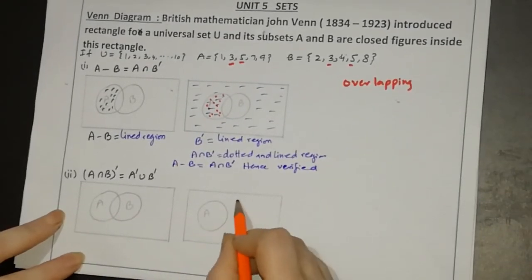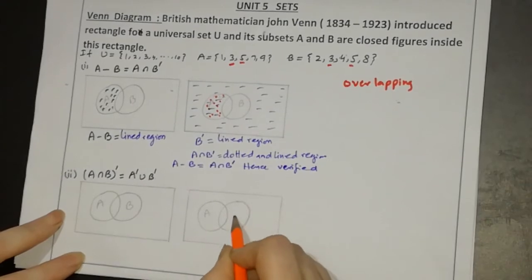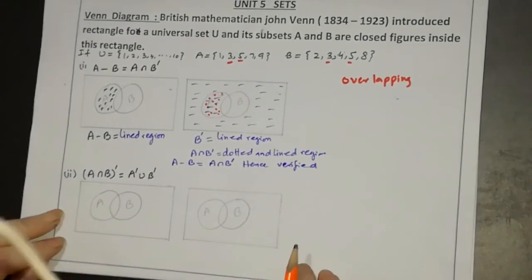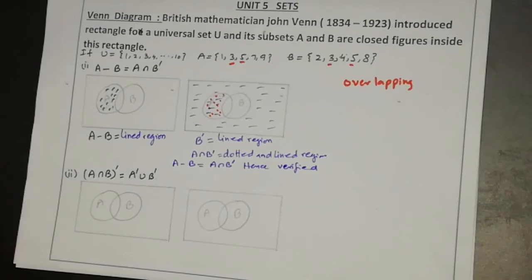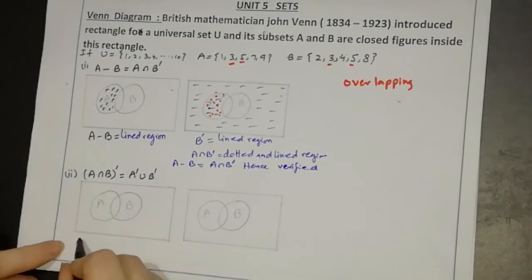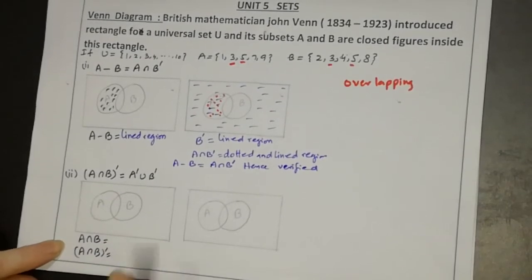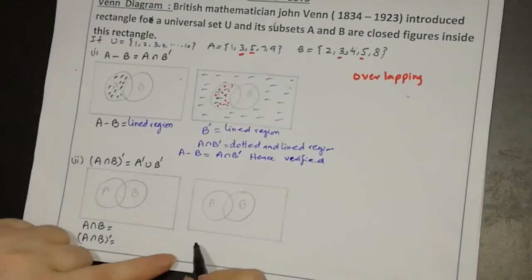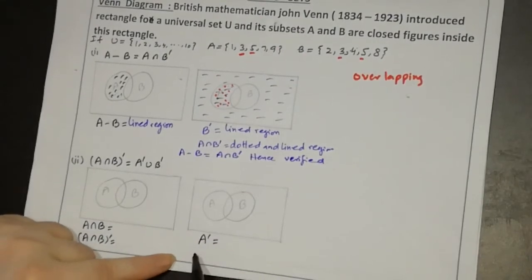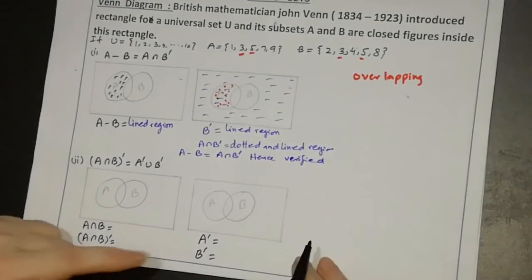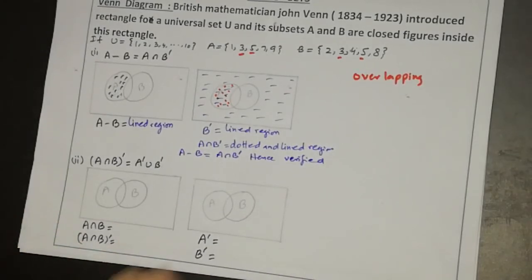This is A and this is B. Now you see how I am doing. First I will find A intersection B, then I will find A intersection B complement. And here first I will find A complement, then B complement, then their union. So these are the steps which we have to follow.